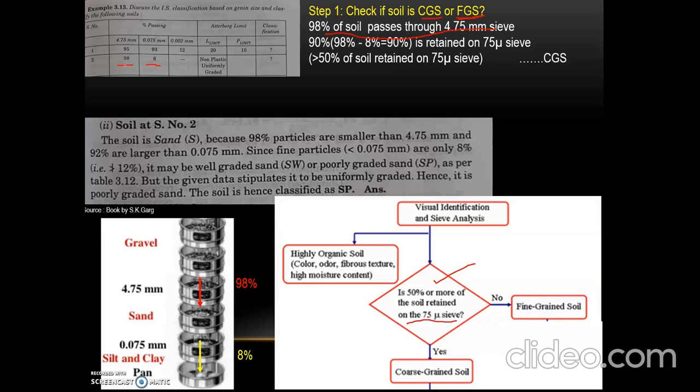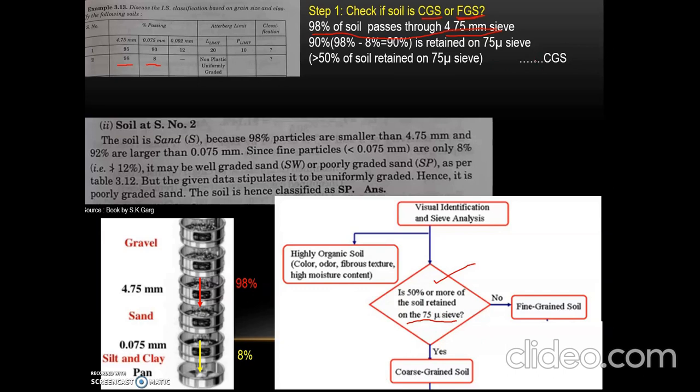In the problem, it is mentioned that 98% of the soil passes through the 4.75 mm sieve. So that means 90% is retained on the 75 micron sieve. If more than 50% is retained on the 75 micron sieve, then it is coarse-grained soil. So this condition is satisfied.